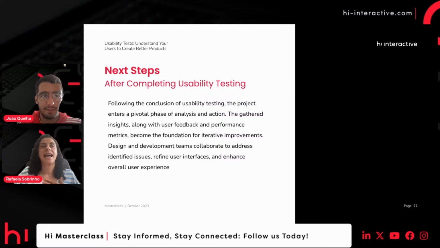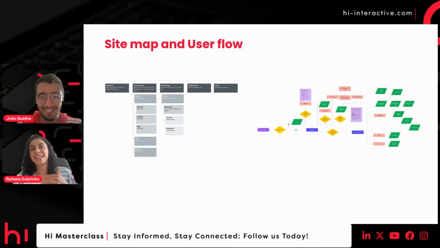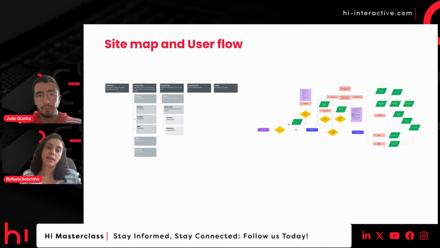And next steps: when you complete the usability test, we need to think about the architecture of the platform. That is a deep change, and it's very important too. You can analyze the actual sitemap and user flows.